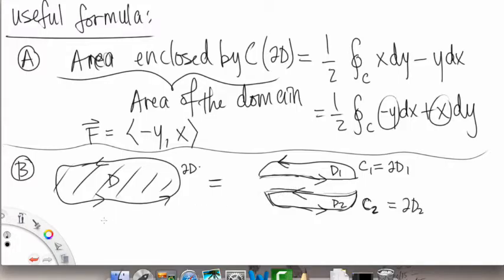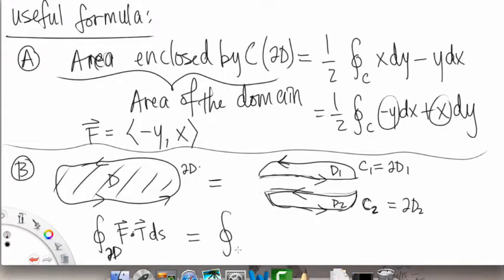So this second formula is saying that the line integral over the entire boundary of the domain of f dot t ds, over this whole thing here, is going to be equal to the line integral over each individual curve that composes it.